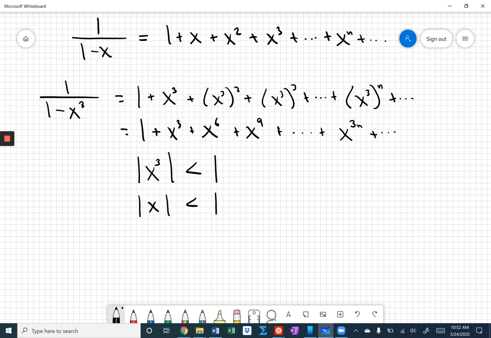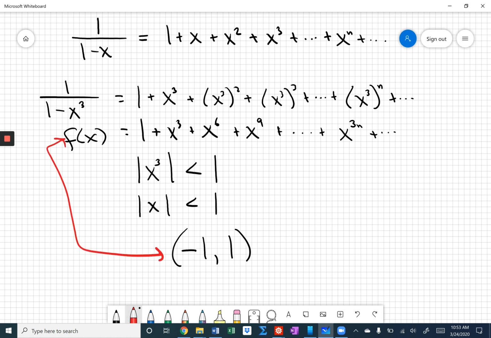And the nice thing about a geometric series is we know that the series diverges at 1 and -1, so I don't have to worry about checking the endpoints on this one like I would if I was using the ratio test. So the interval of convergence is going to be the open interval from -1 to 1. And by the way, this is going to be our f of x only when x is in this interval. The power series is valid only between -1 and 1.